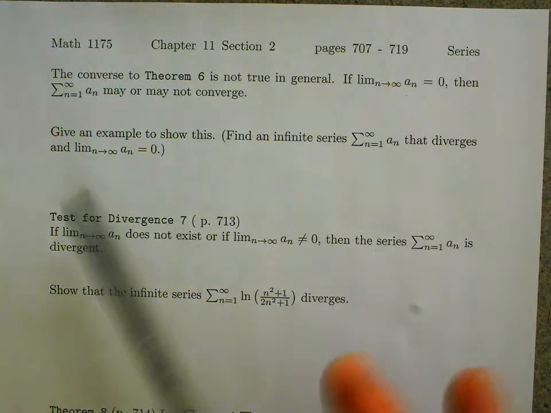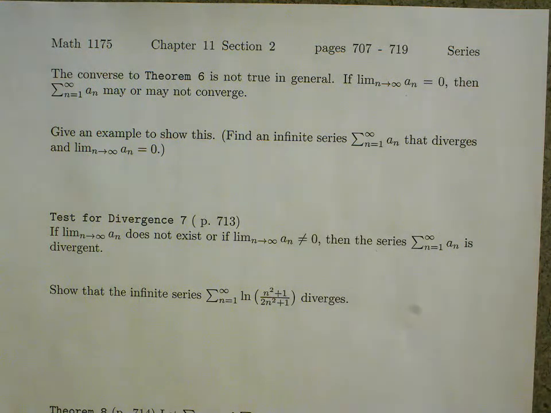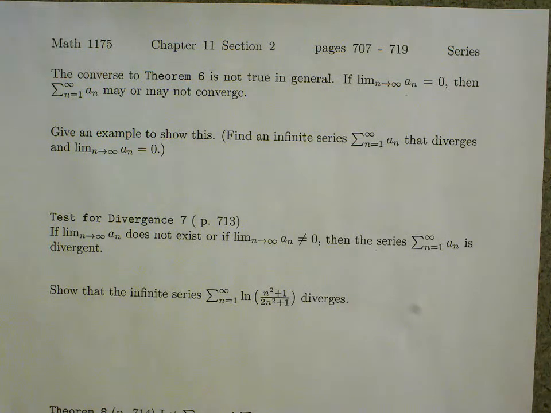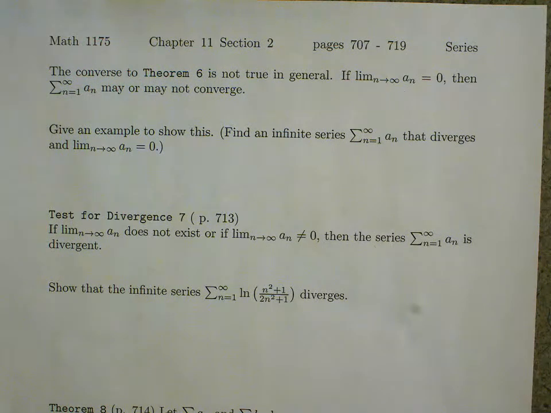So let's give an example to show this. Find an infinite series that diverges, but whose sequence of terms goes to 0 anyway. Can you think of an example?